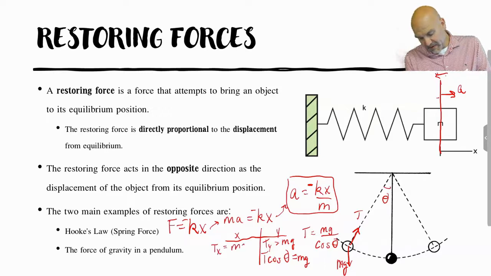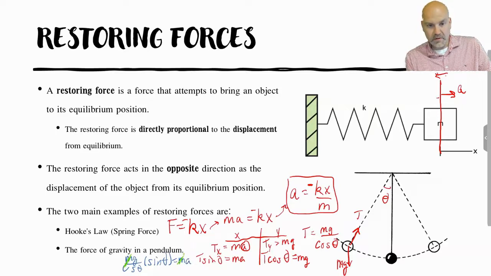And then we go to the other side. We have Tx equals ma. This a is our acceleration that is going to restore. So you would have T sine theta equals ma. Since T is mg over cosine theta, times sine theta equals ma, you can see the m's would cancel out.